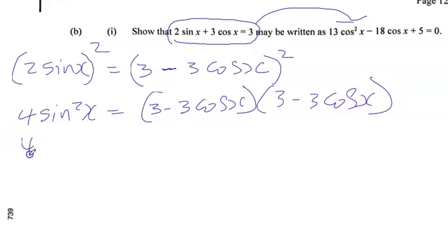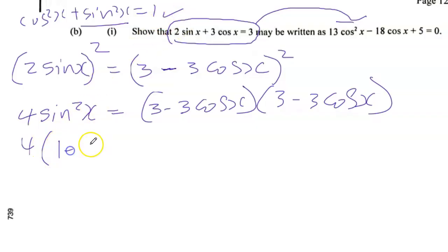By the way, recall that cos²x plus sin²x is equal to 1, which means that sin² is actually 1 minus cos². So sin² can be replaced from this Pythagorean identity with 1 minus cos²x.